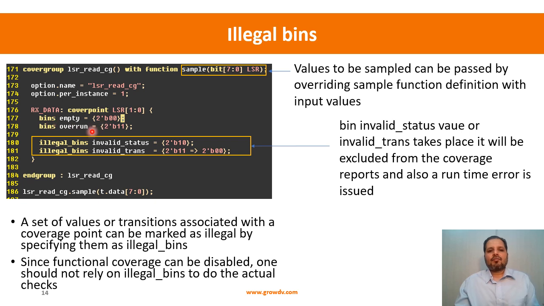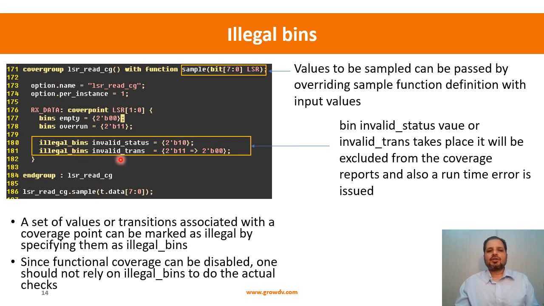And then you are defining a couple of legal bins over here, and then using the illegal bins you can define the illegal bins, and we are saying invalid state and giving a particular value. So now whenever a 1-0 takes place, the simulator will flag a runtime error for this particular value.